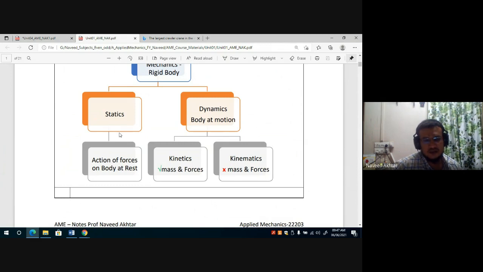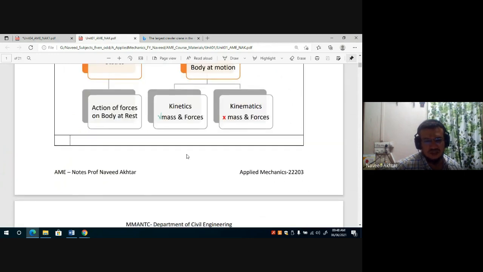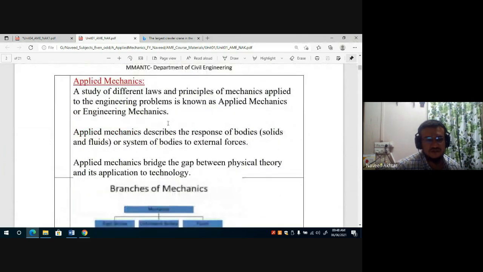When the body is in motion and the mass is considered, it is called kinetics. If the mass or weight of the body is not considered, then that study of dynamics is called kinematics, where only forces are considered.